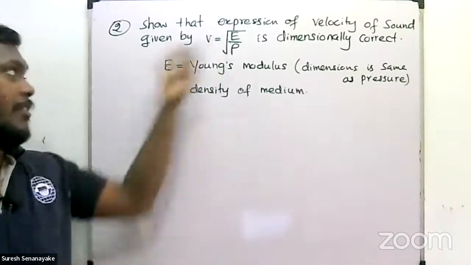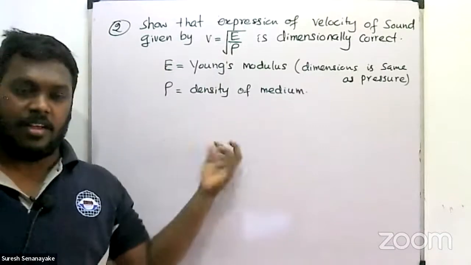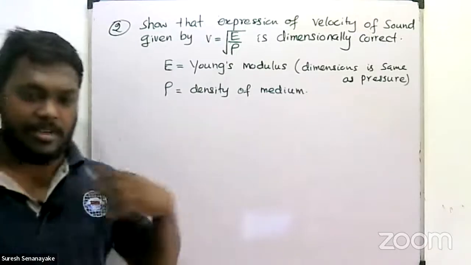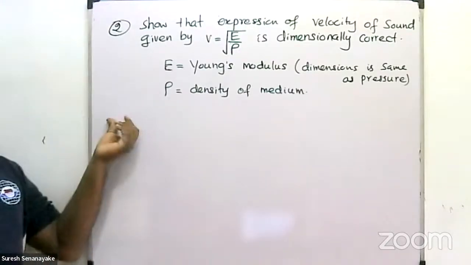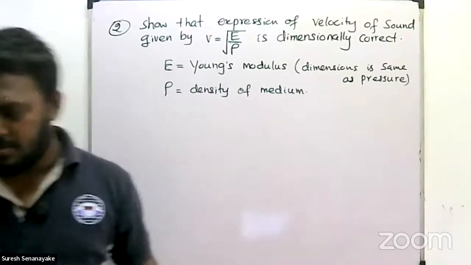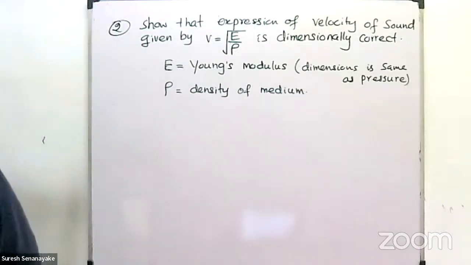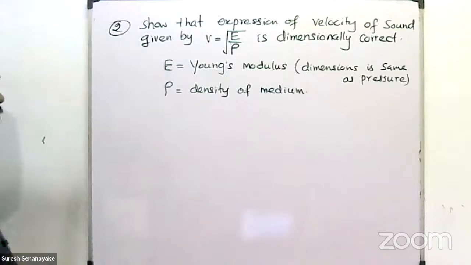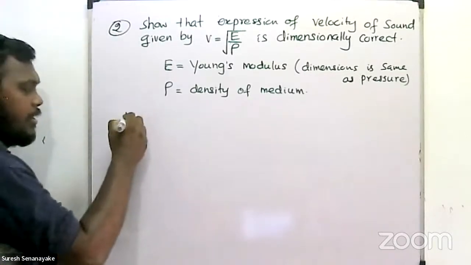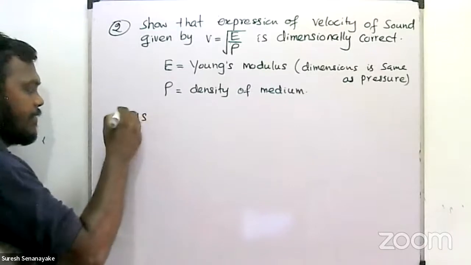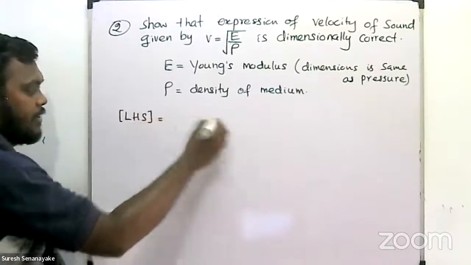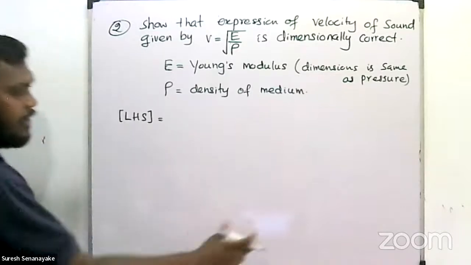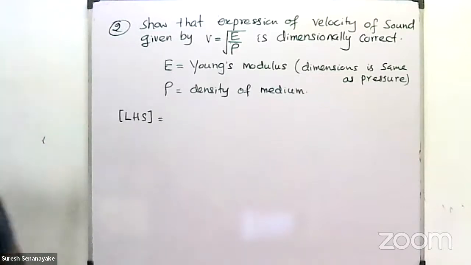Check the left side and the right side. The dimension of the left side should equal the dimension of the right side, then it is dimensionally correct. You can write LHS as the dimension of the left side and RHS as the right side, and if both are equal you can write it as equal, and then it's dimensionally correct.